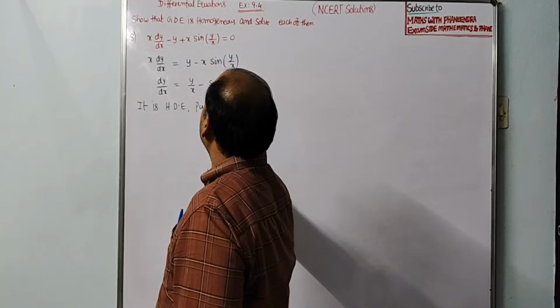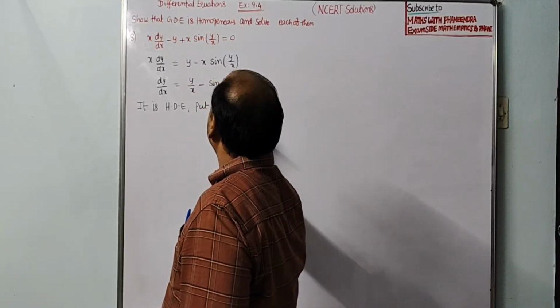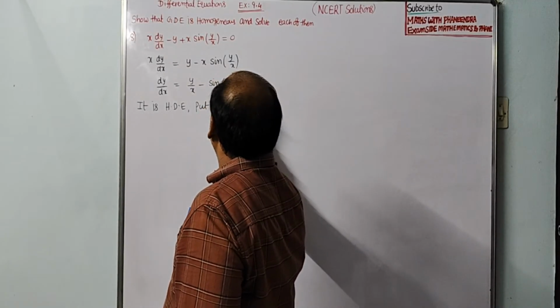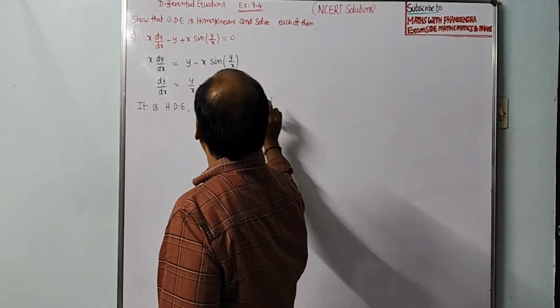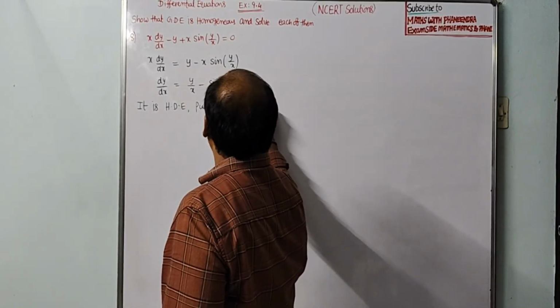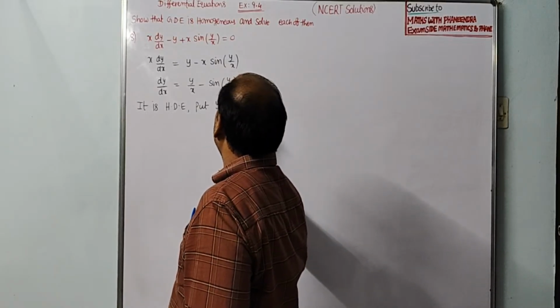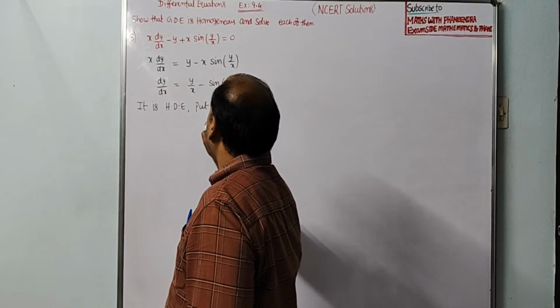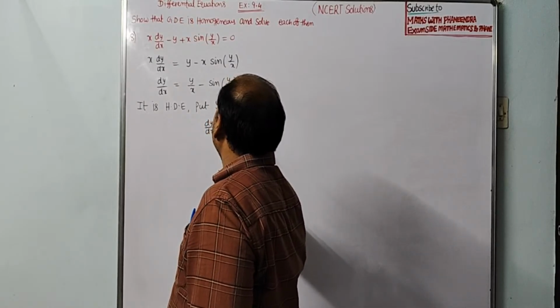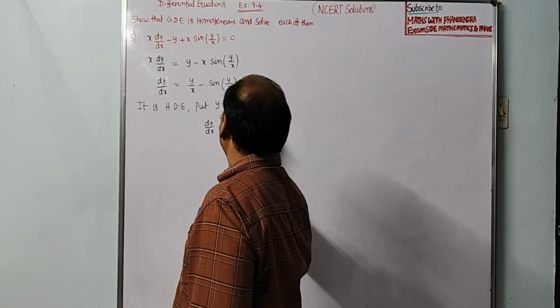Put y is equal to vx, or y by x is equal to v. Both are same. So differentiate with respect to x. dy by dx is equal to v plus x dv by dx.